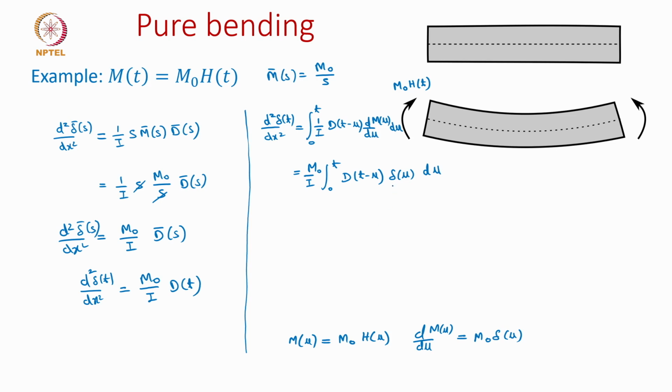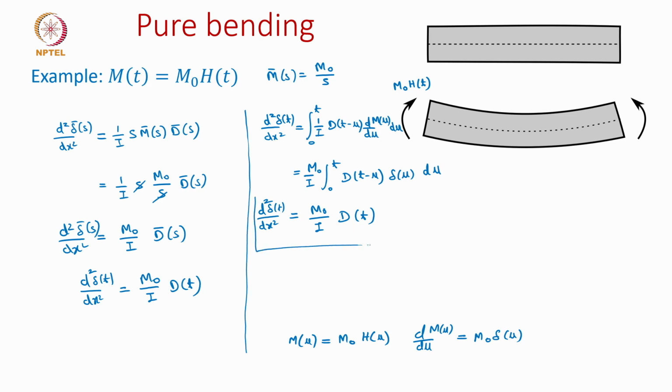Now, noticing that we have the shifting property of the Dirac delta function, this can be rewritten as simply D of t. So, we got the second derivative of the deflection, delta of t, is given as M naught by I times D of t, the compliance.